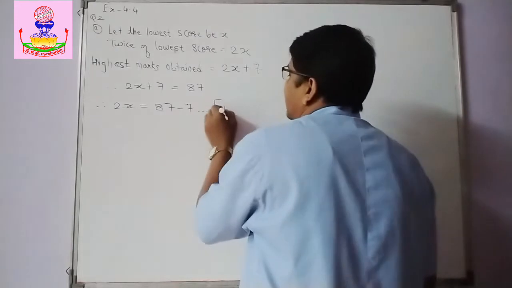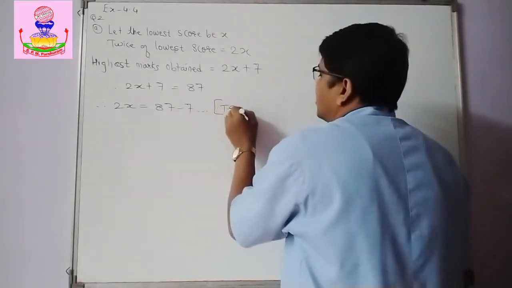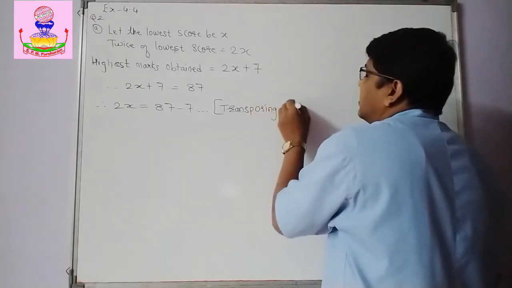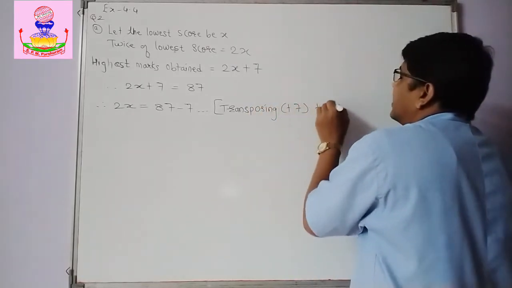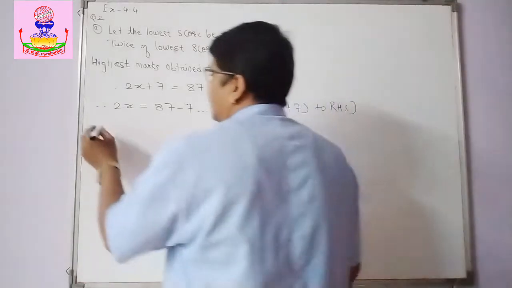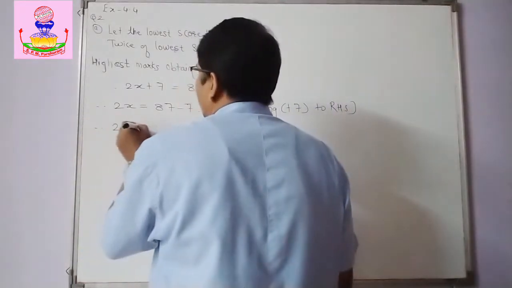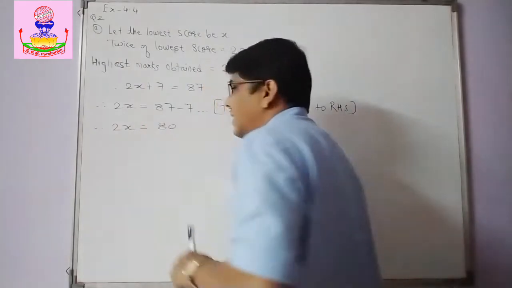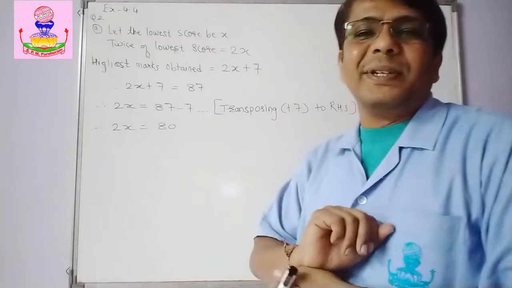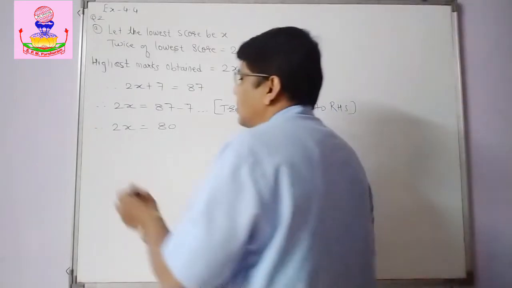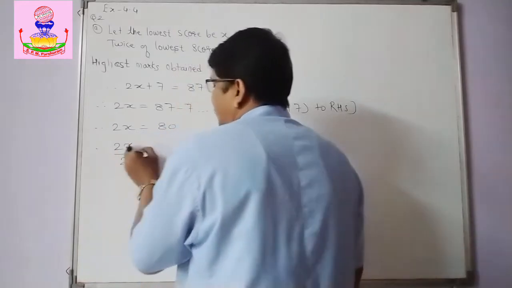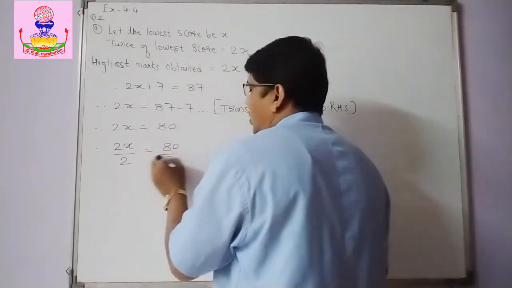What do you do? Transposing plus 7 to RHS. Am I right? Yes. Okay. So therefore, 2x is equal to 87 minus 7, 80. Now, 2 into x. So opposite of multiplication, division. So divide both sides by 2. So that is equal to 80 upon 2.